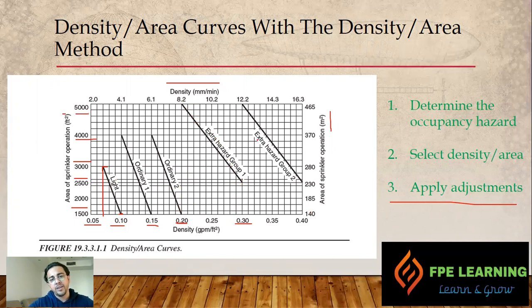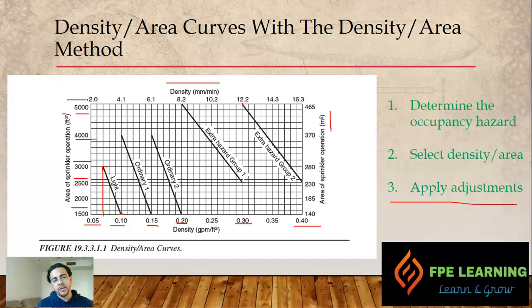And similarly for extra hazard group 2, we have 0.40 GPM per square feet all the way up to 25,000 square feet for the minimum. And if you want to decrease the densities up to 0.30, you can go correspondingly from here all the way to this point, and then you have to choose 5000 square feet, right? So what is the benefit of going to the low point of the curve and going to the high point of the curve?